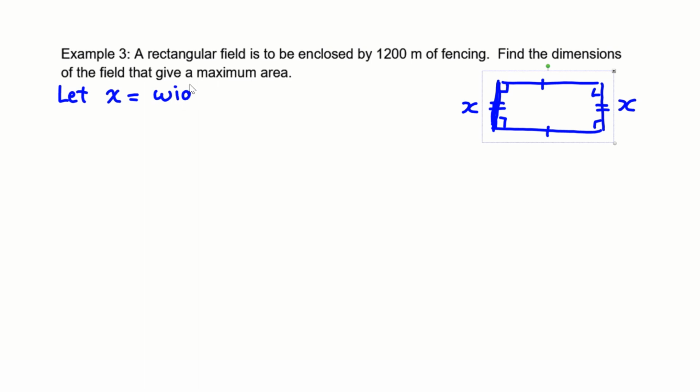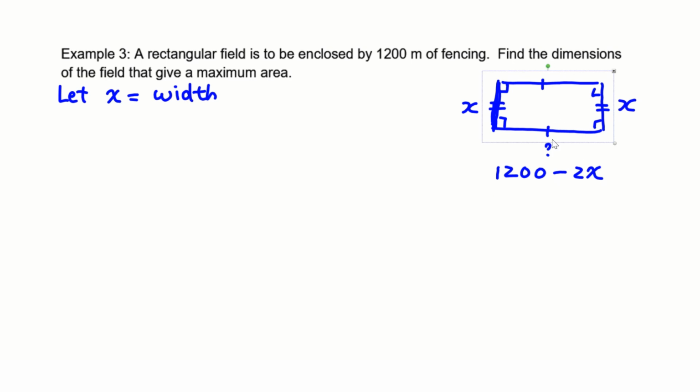And you may have done such a question in elementary school by trial and error, but in this course you need to do it algebraically, okay? So x equals width, then we want to find this side. Altogether, you have 1,200 meter fencing. So you use x at these two sides. So whatever is left is 1,200 minus 2x.